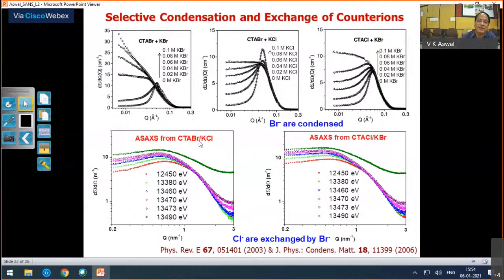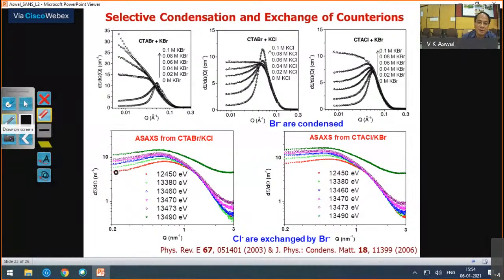You have this system CTABr, KCl. You want to see whether there is exchange of counterions or there is a selective condensation, and you do the anomalous small angle X-ray scattering, vary the energy of incident X-ray near the absorption edge of bromide counterions, and then you see some change. That is because there are some bromide counterions there.